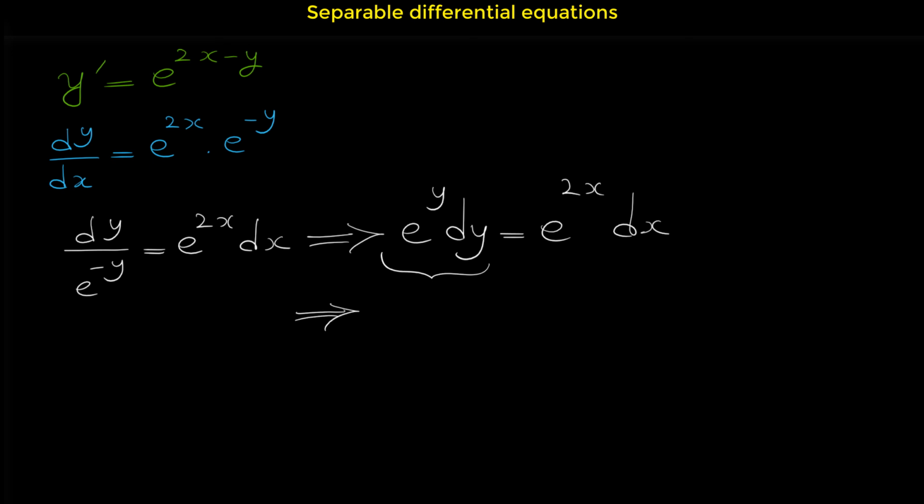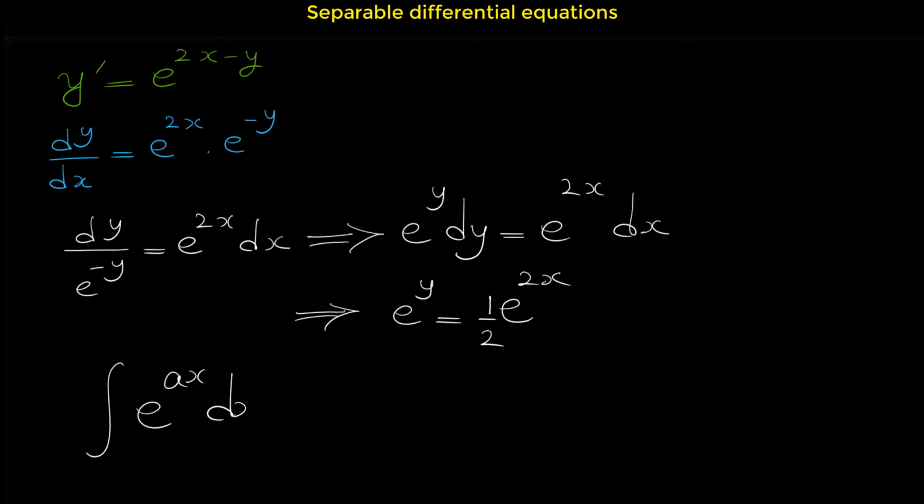Integral of e to the y dy is e to the y, and integral of e to the 2x is e to the 2x. But don't forget, you have to put 1/2 here, because we know that the integral of e to the power of ax dx is 1/a times e to the power of ax.